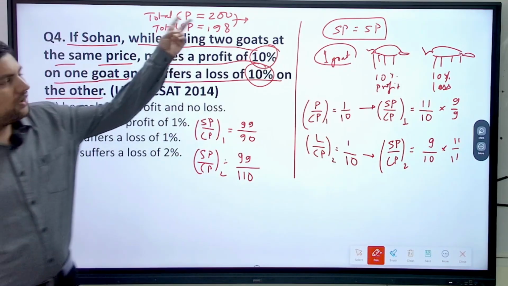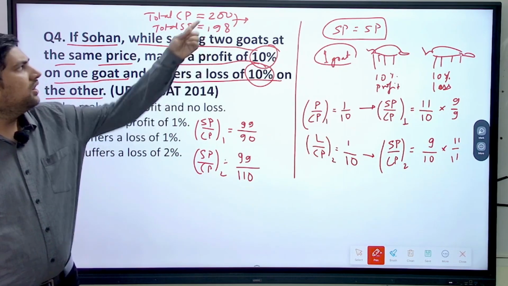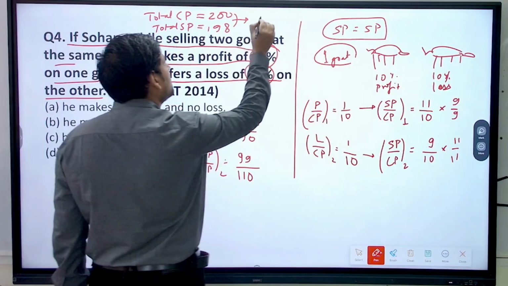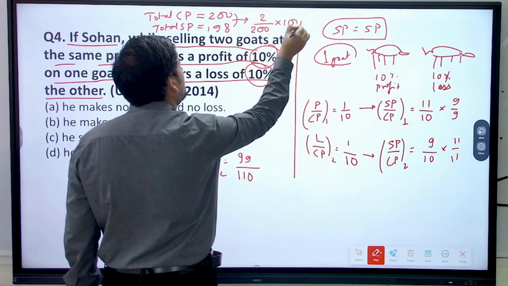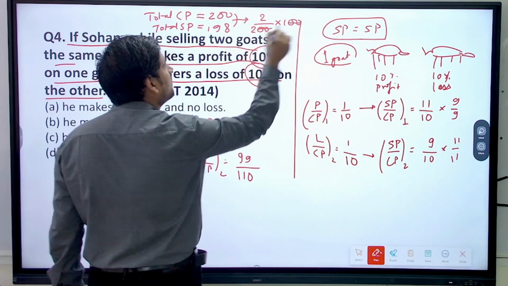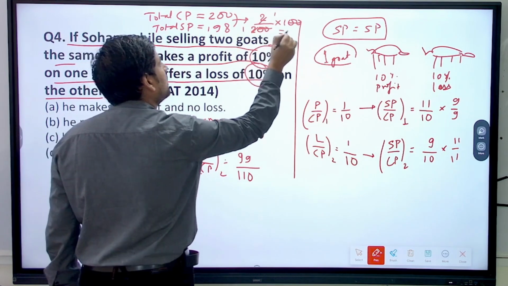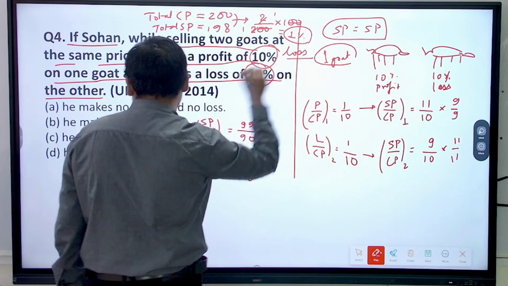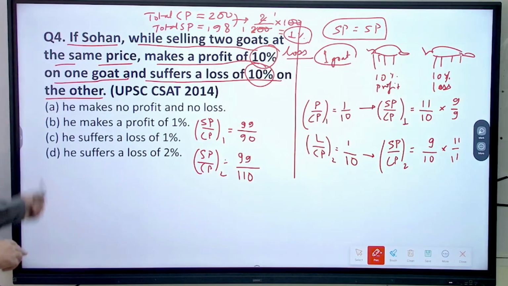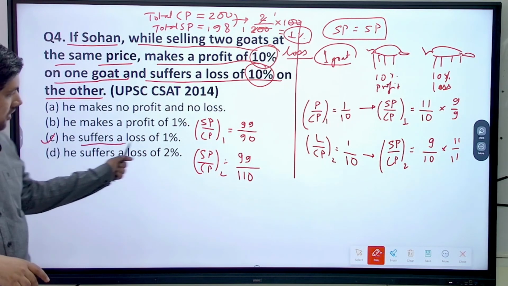Here the cost price is more, so I will have a loss. So 200 minus 198, that is 2, upon the cost price 200, into 100. The zeros cancel, and 2 ones are 2, 2 ones are 2. That means this person will have a 1% loss. So the answer is he suffers a loss of 1%.